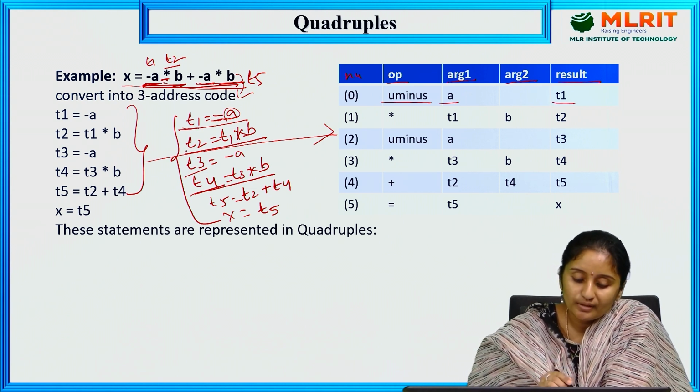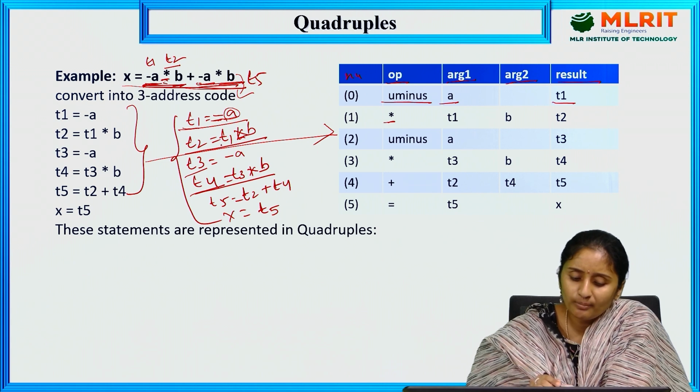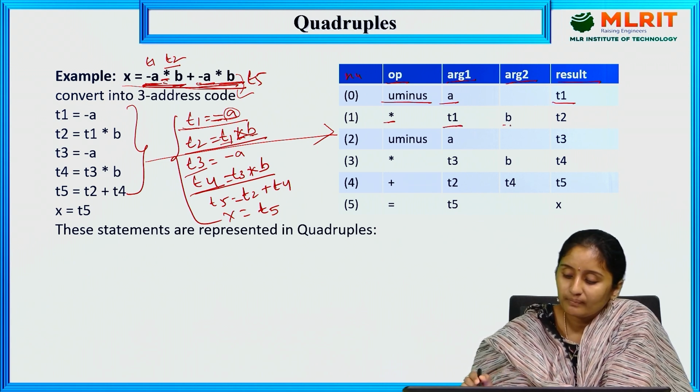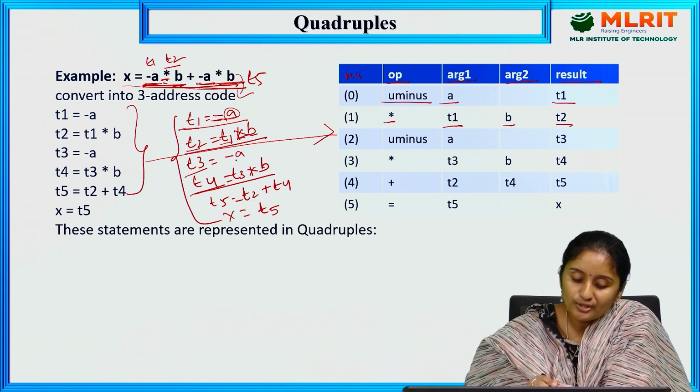So the next one, T2 equal to T1 into B. Here the first one is operator, so multiplication. Next, argument 1 I am having is T1. Argument 2 is B. And the result is stored in T2. So the next expression is unary minus.